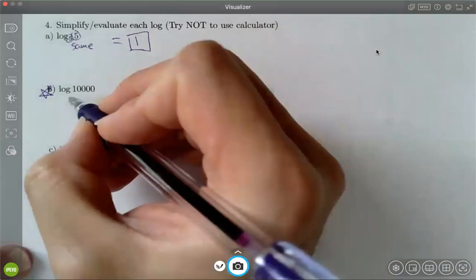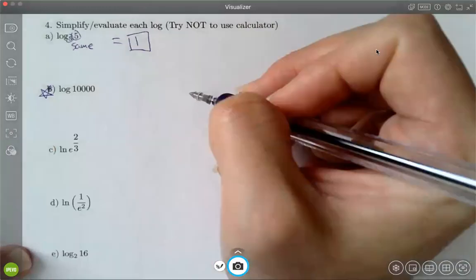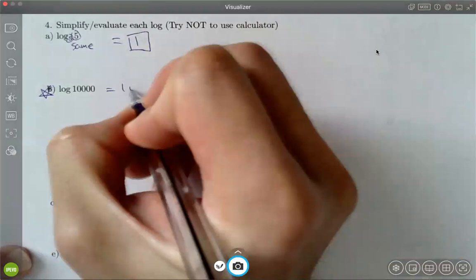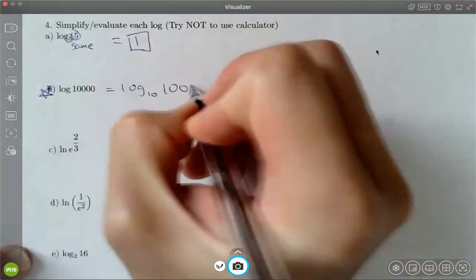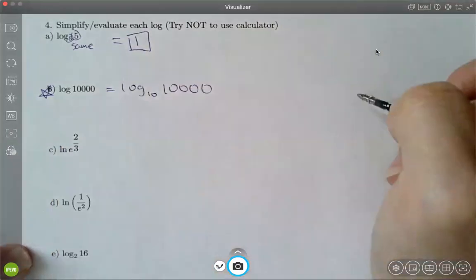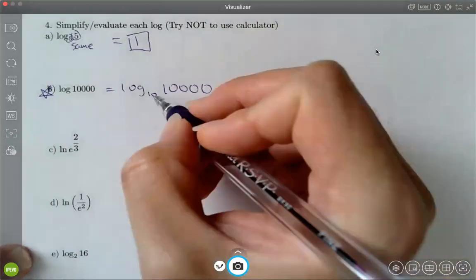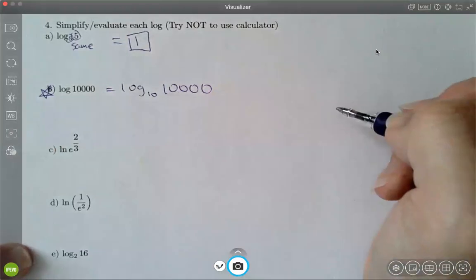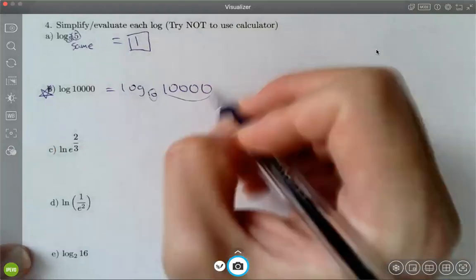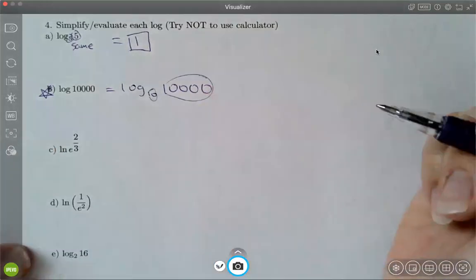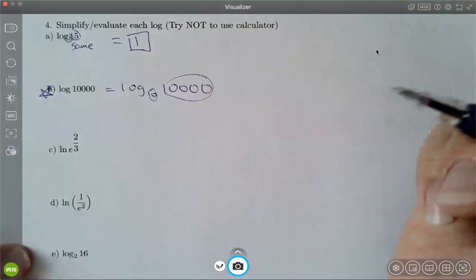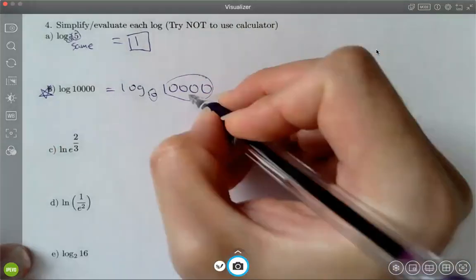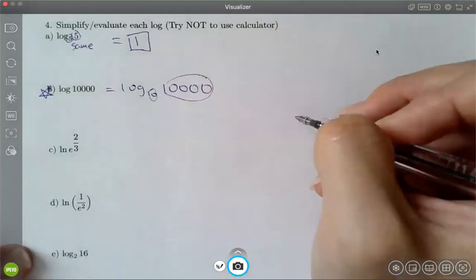This one is the common log, whose base is 10. Now, obviously, these two numbers are not the same, so the answer is not equal to 1. However, are these two numbers related? It appears so. So express 10,000 in terms of 10 to some power.